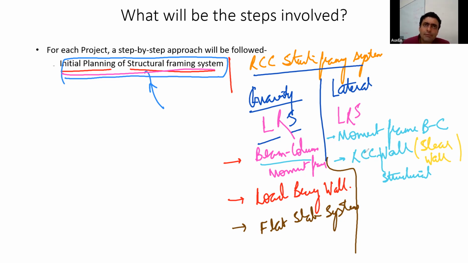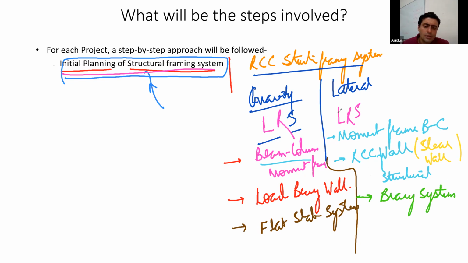The other system which you do not quite commonly see can be a bracing system. Yes, correct, what Akash is saying, bracing system. Though not quite common in RCC structures, you see these types of systems being adopted.